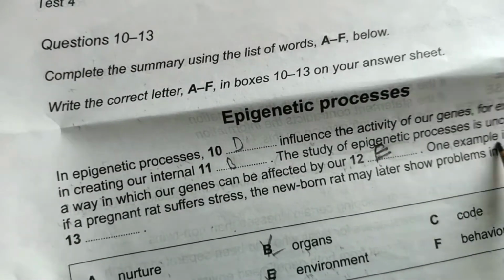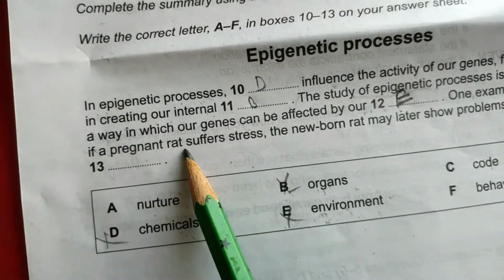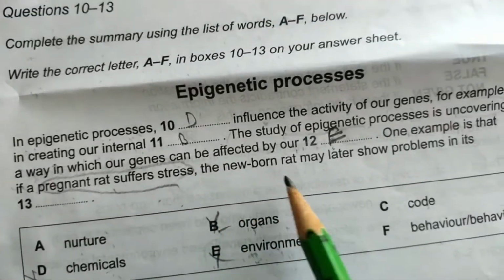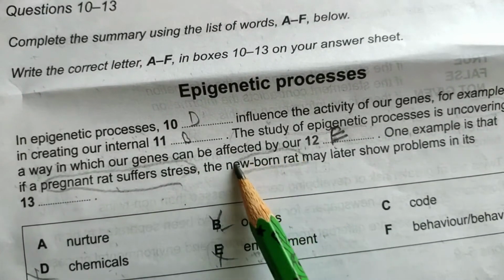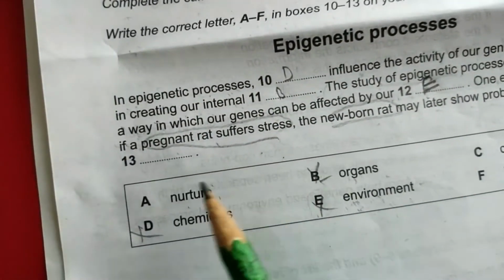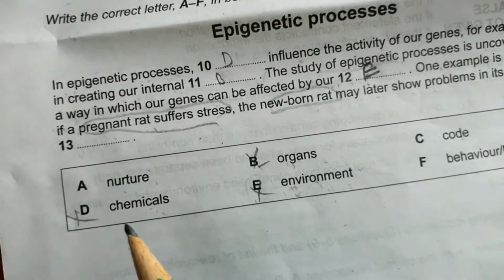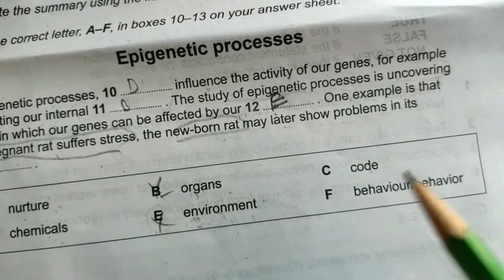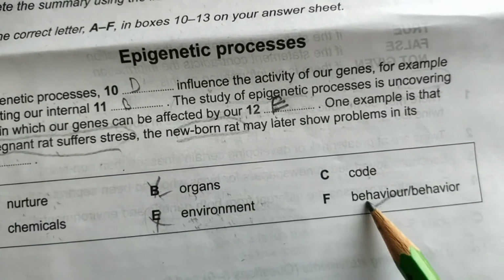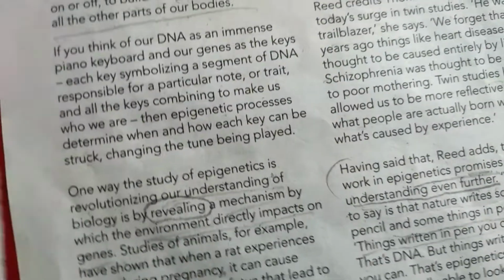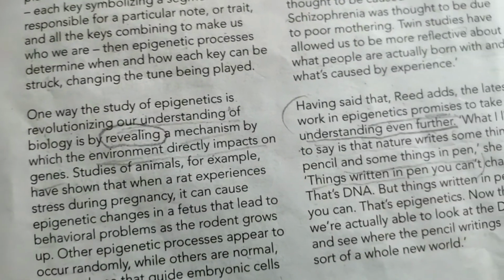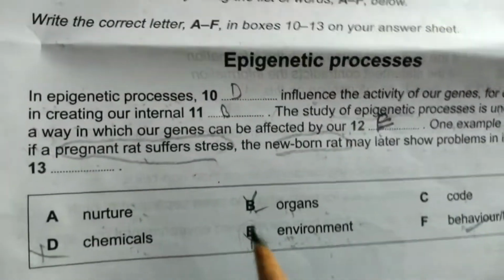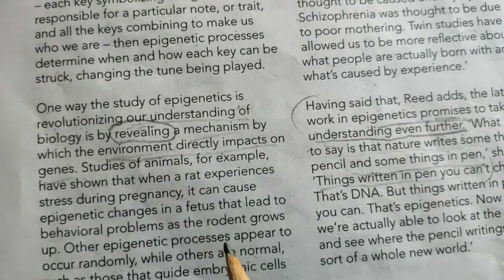Now next, one example is that if a pregnant rat suffers stress, this is the clue word. The newborn rat later shows problems in its dash. Let's guess: nurture, no; organs, we have used; code, no; behavior. I am sure 100% it will be behavior. Let's check it out from the paragraph. First we look for the words pregnant rat.